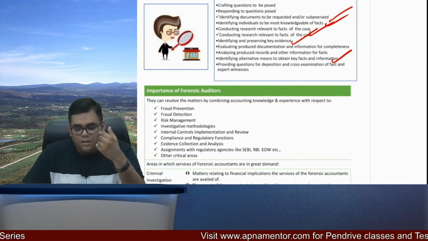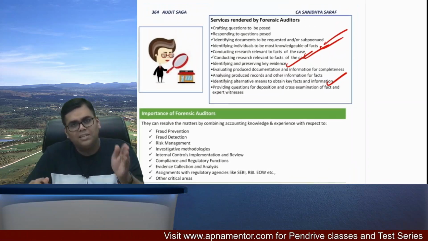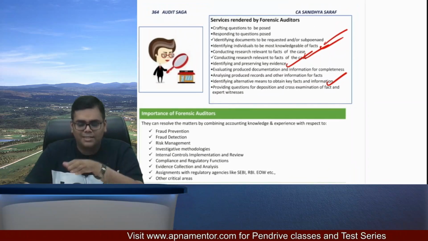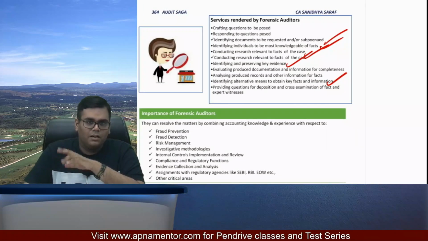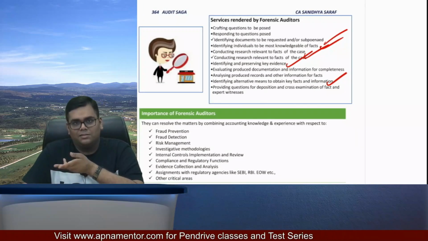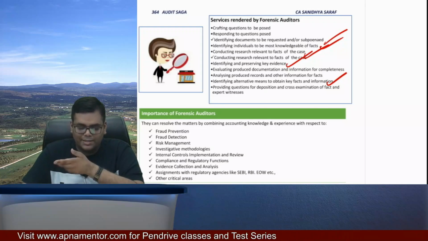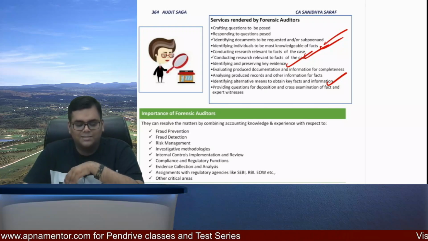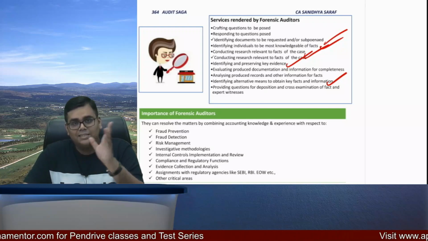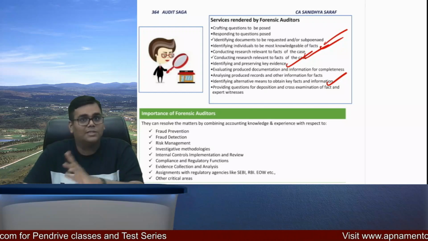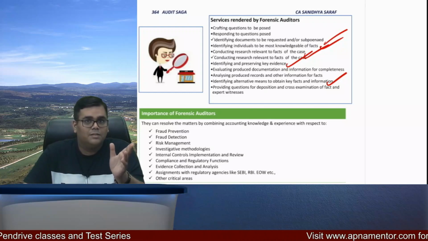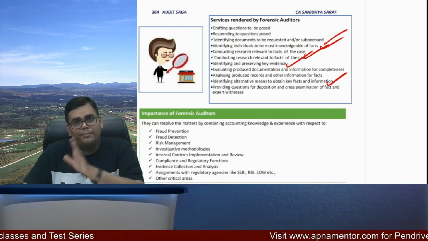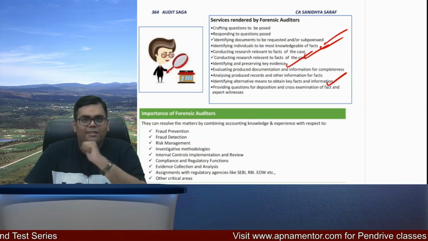Right? So you have performed procedure A, conducted research A, but you are not getting the desired results. Then identifying the alternative means, how to cross-check, then cross-checking the facts. For example, asking the different questions from the same person, asking same questions from different persons, cross-checking the facts.